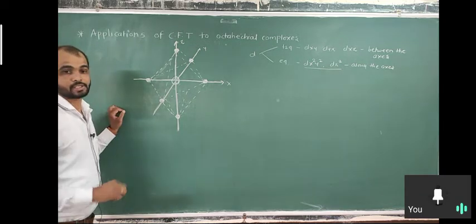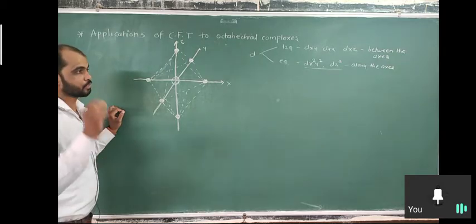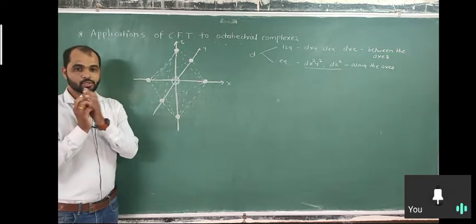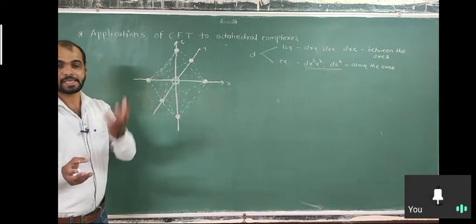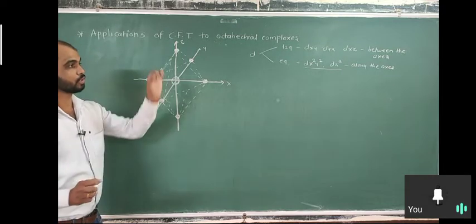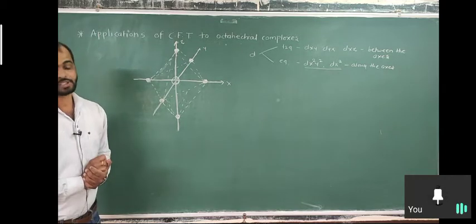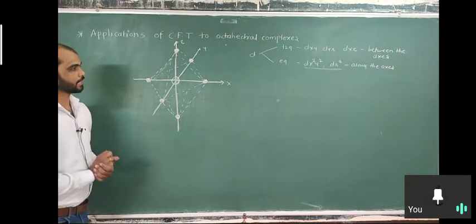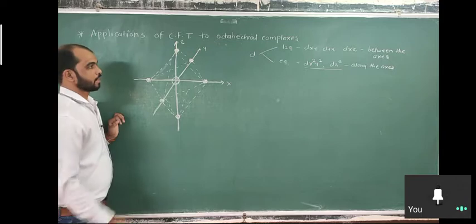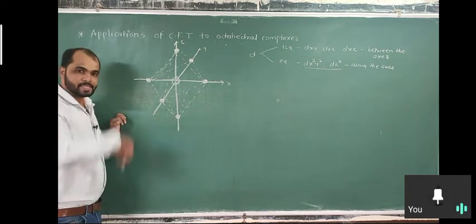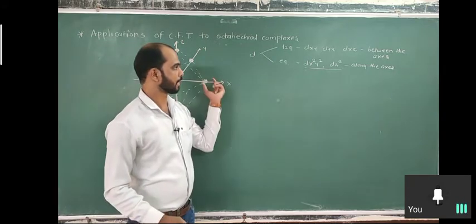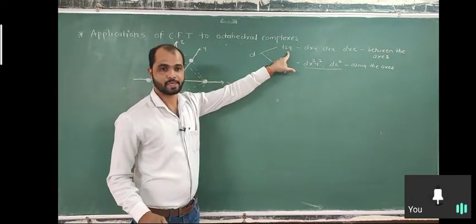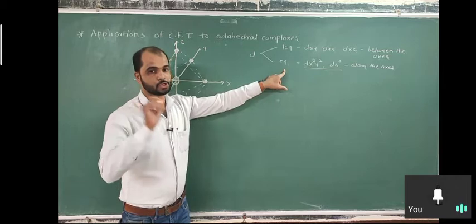Due to the more interaction, the energy of the Eg orbitals rises as compared to the T2g orbitals, because T2g orbitals are oriented between the axes and the ligands come on the axes. That is why there is minimum interaction of the ligand with the T2g orbitals as compared to the Eg orbitals.